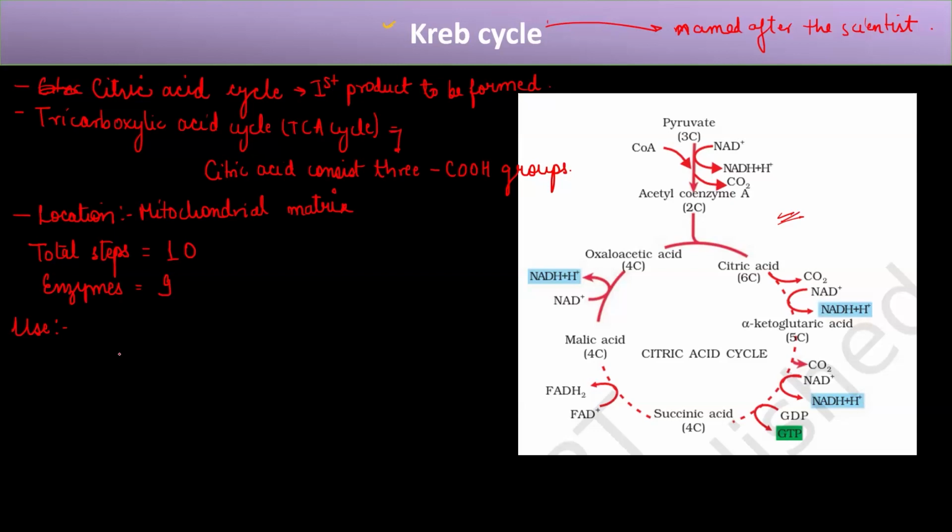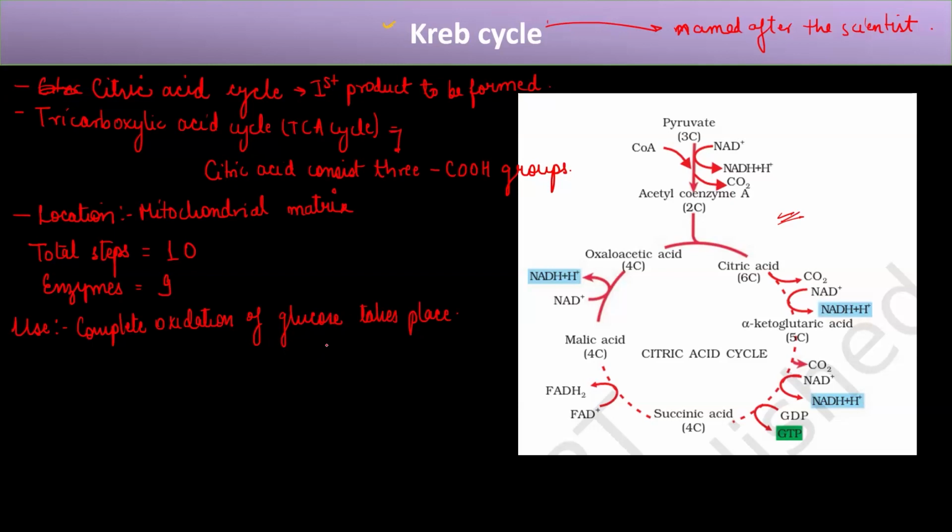It leads to the complete oxidation of glucose. And by complete oxidation, it means that the glucose finally gets converted into 6 molecules of carbon dioxide.